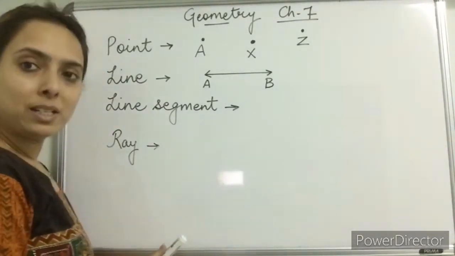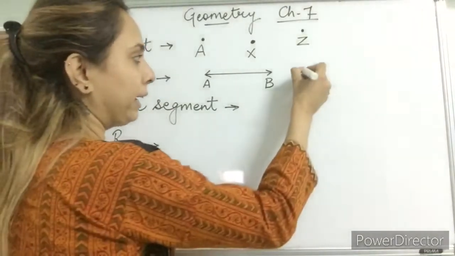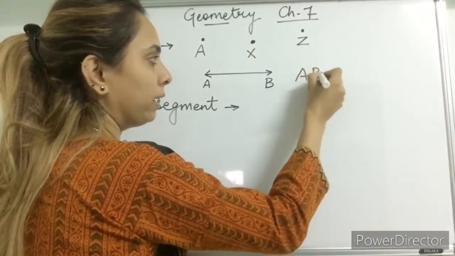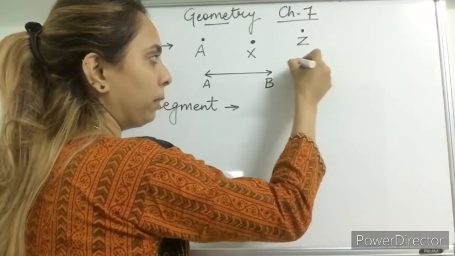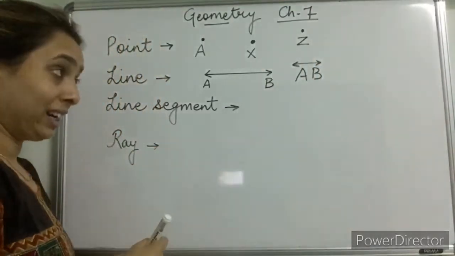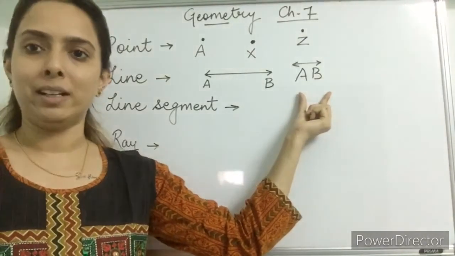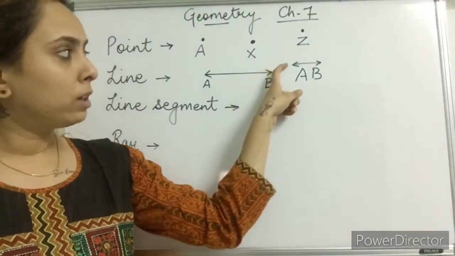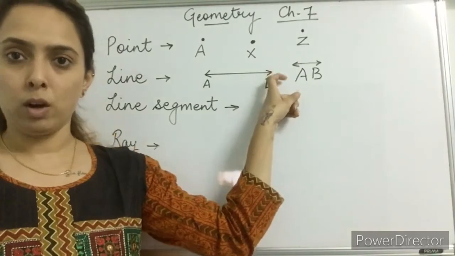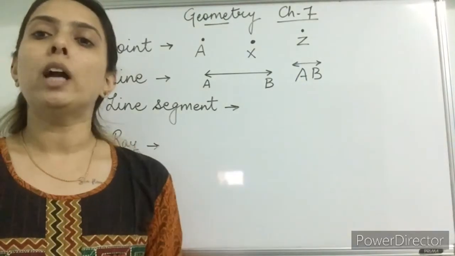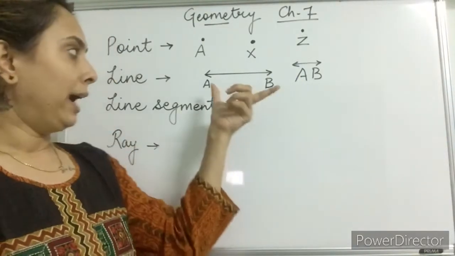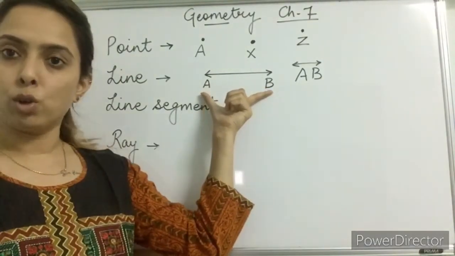And how can I represent this line? By writing A, B, and on the top of AB I will make this symbol. So this AB shows that the combination of these 2 letters along with the line symbol just above it shows that we are talking about a line, and this is the way of drawing it.